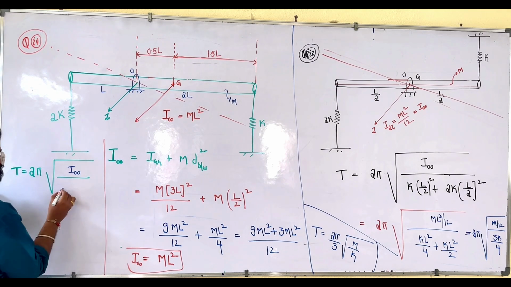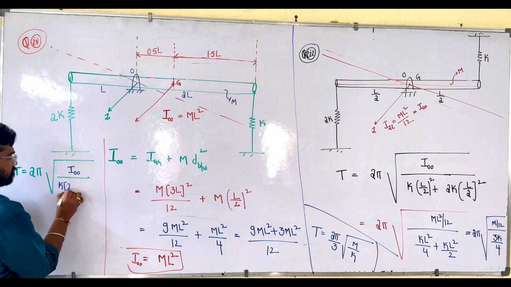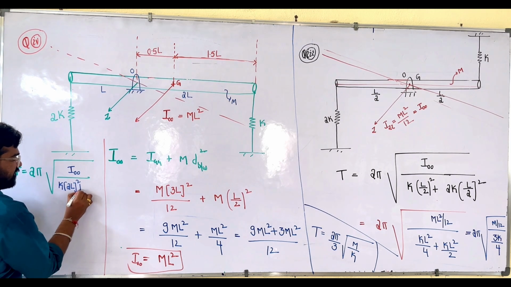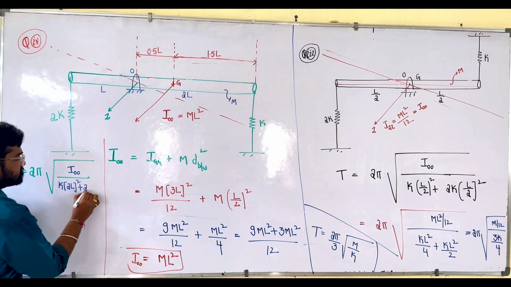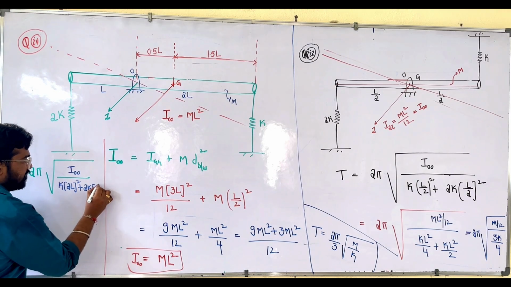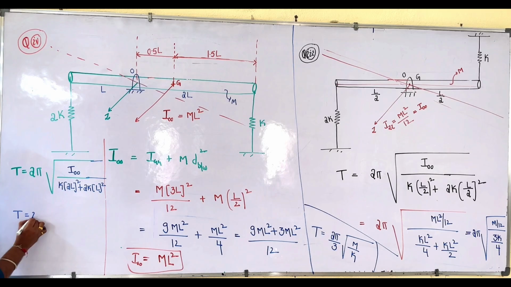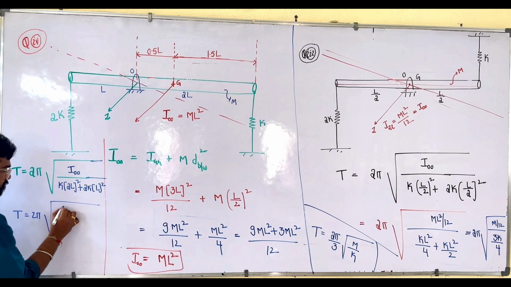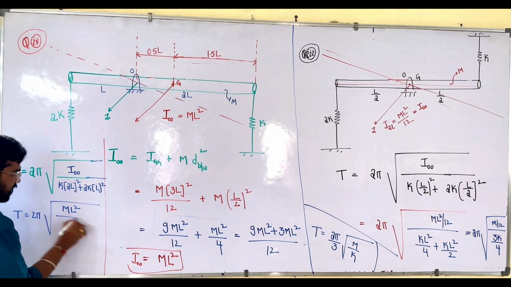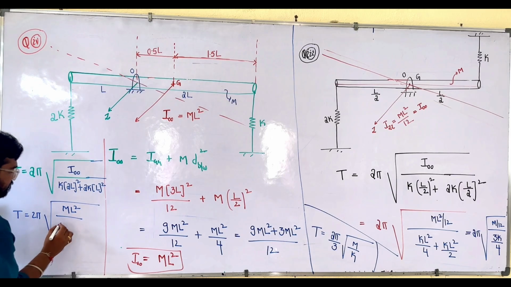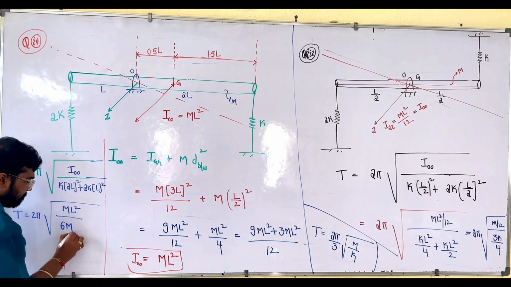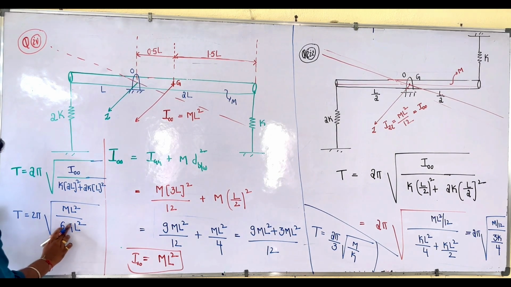IOO by K into 2L whole square plus 2K into L square. Now tell me, T equal to 2 pi square root of ml square by, 4 plus 2, 6 KL square.